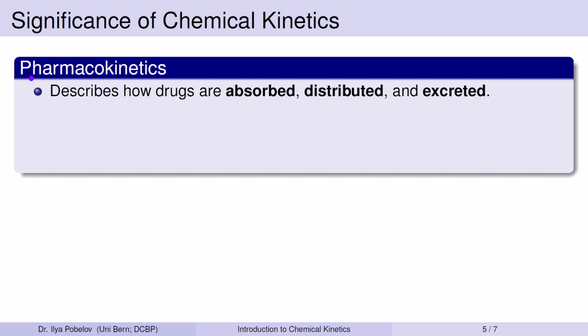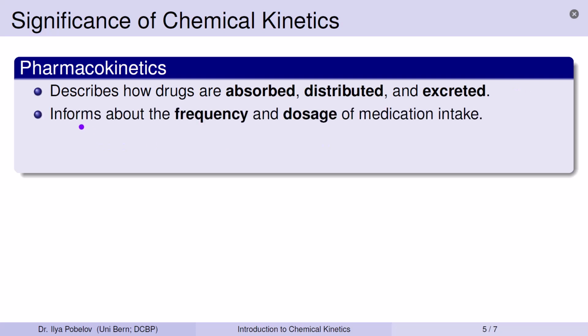In pharmacokinetics, kinetics helps us describe how drugs are absorbed, distributed, and excreted by the body. It informs us about the frequency and dosage of medication intake, its potency, and the rate at which it is metabolized.